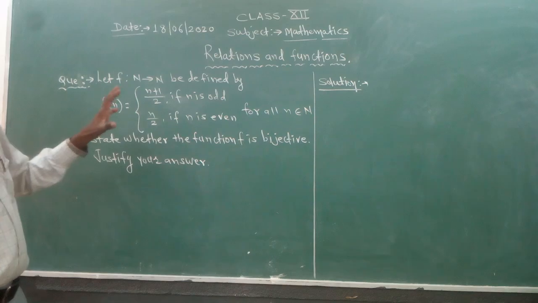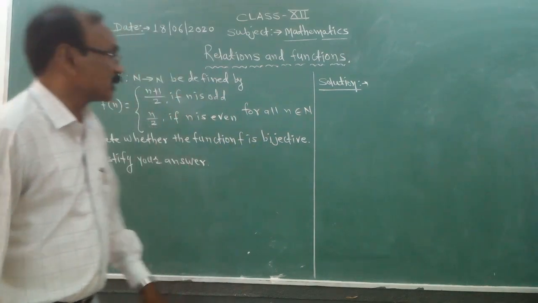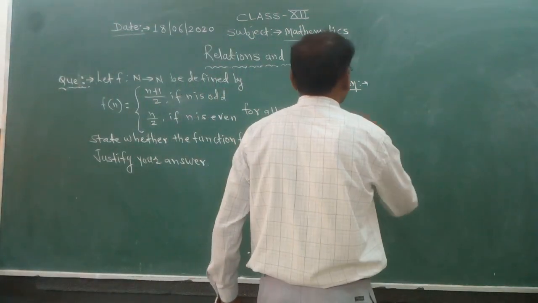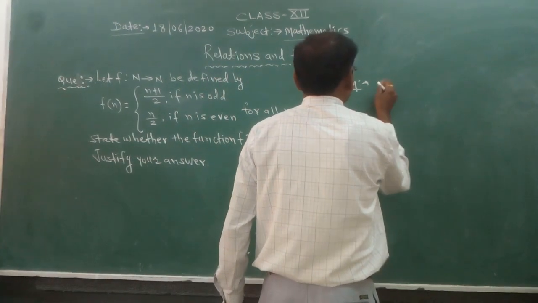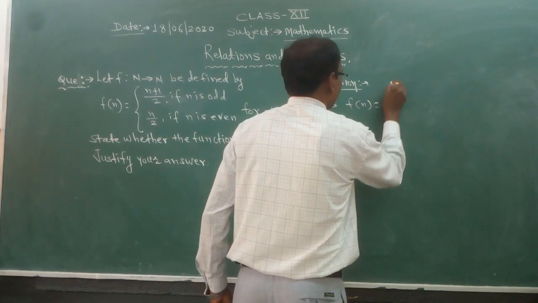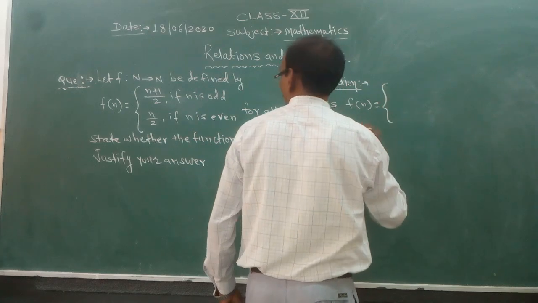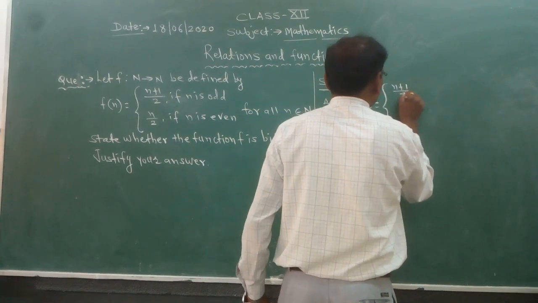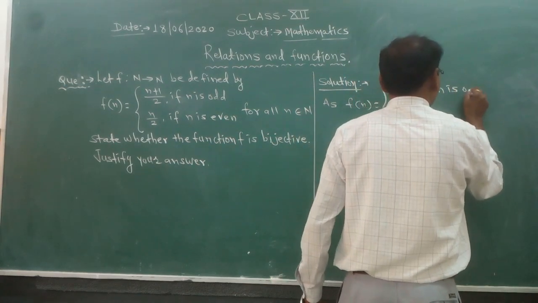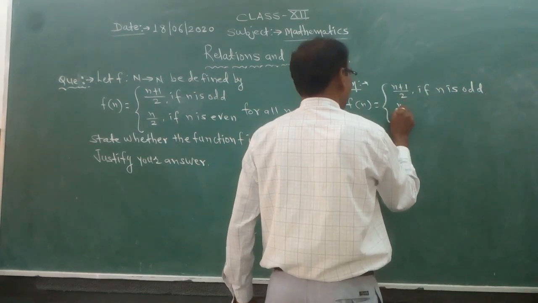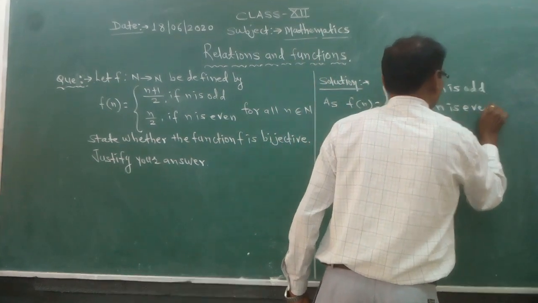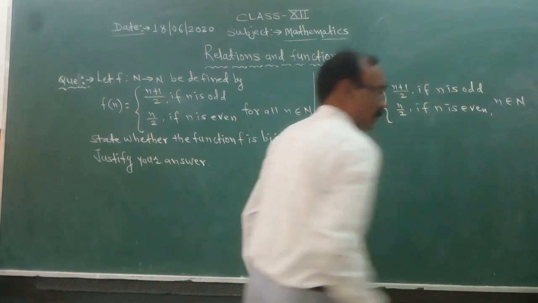Okay, so here a set of natural numbers is given. So let us put the numbers. f of n equals (n plus 1) by 2 if n is odd and n by 2 if n is even. n belongs to natural numbers.